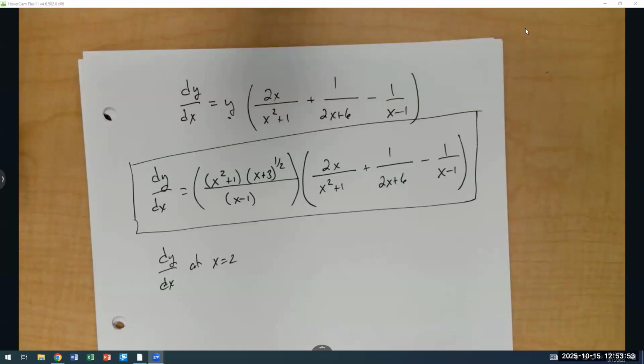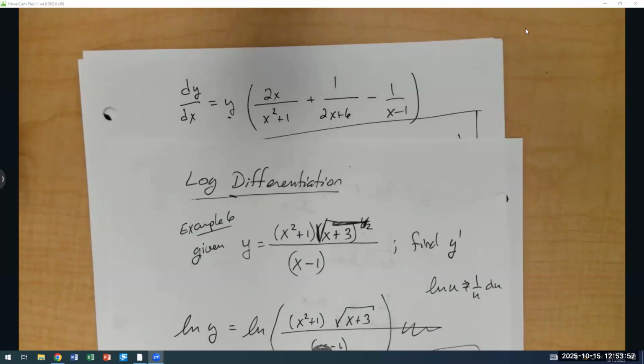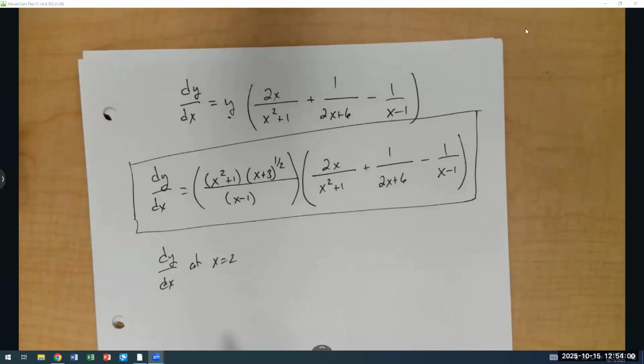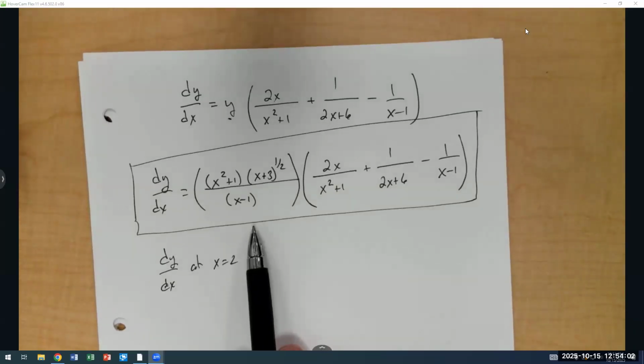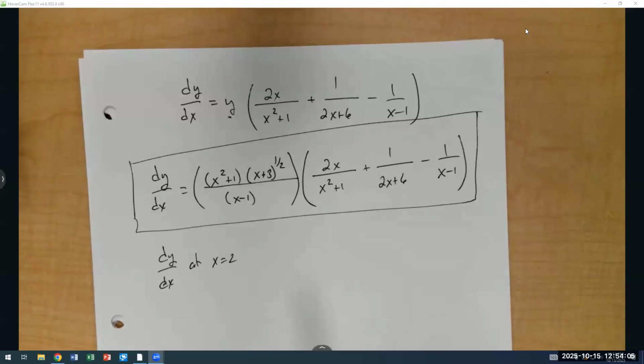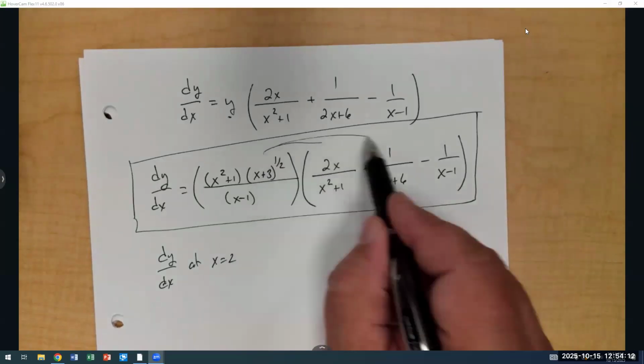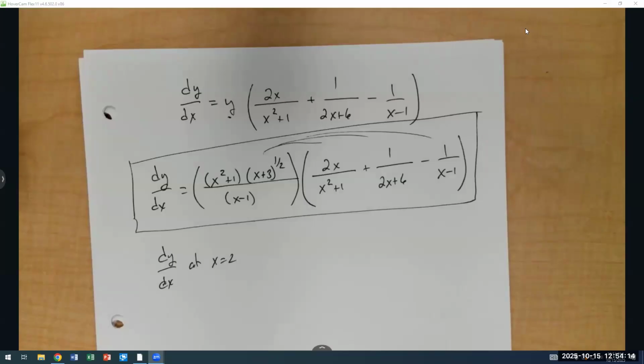I'll say yes, because now, if we started off with this equation here, and we found the first derivative is here, then for the second derivative, you'd have to distribute all those together. And that would be very painful. But yes, it's possible.